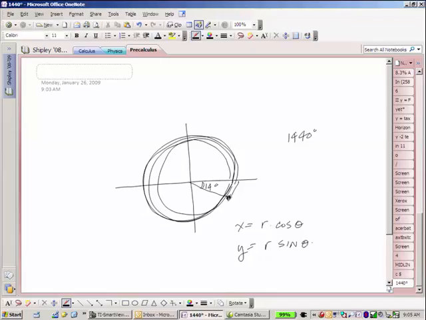You have 2 options here. You can either do x is equal to 3.8 times the cosine of negative 14 degrees, because negative 14 degrees means we went backward 14 degrees, or 3.8 times the cosine of 346 degrees.